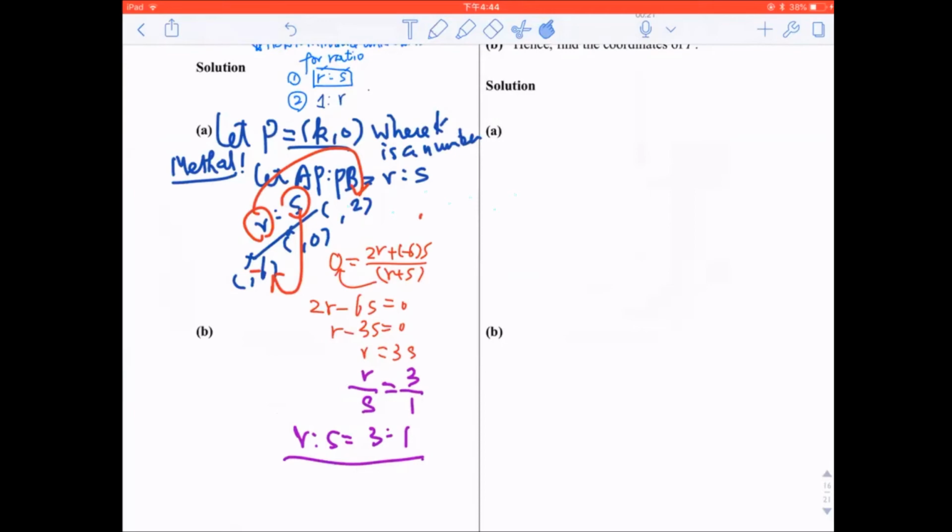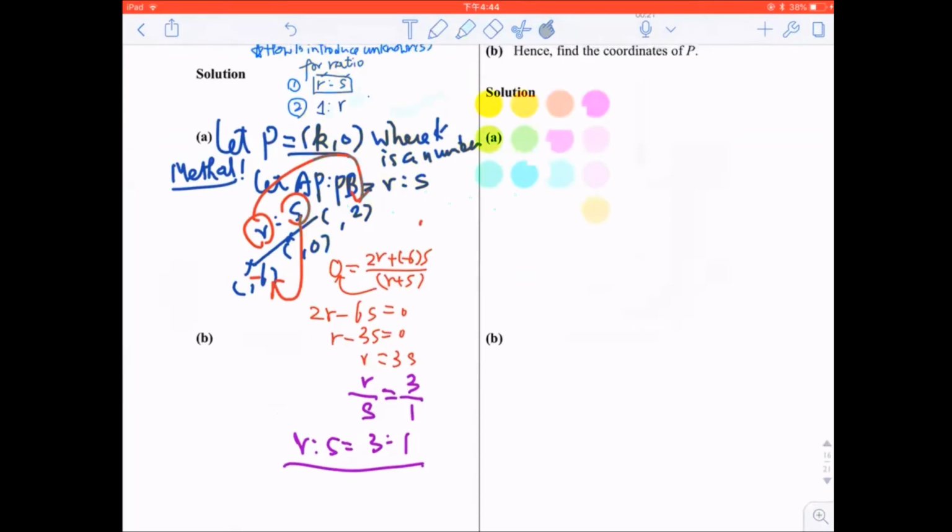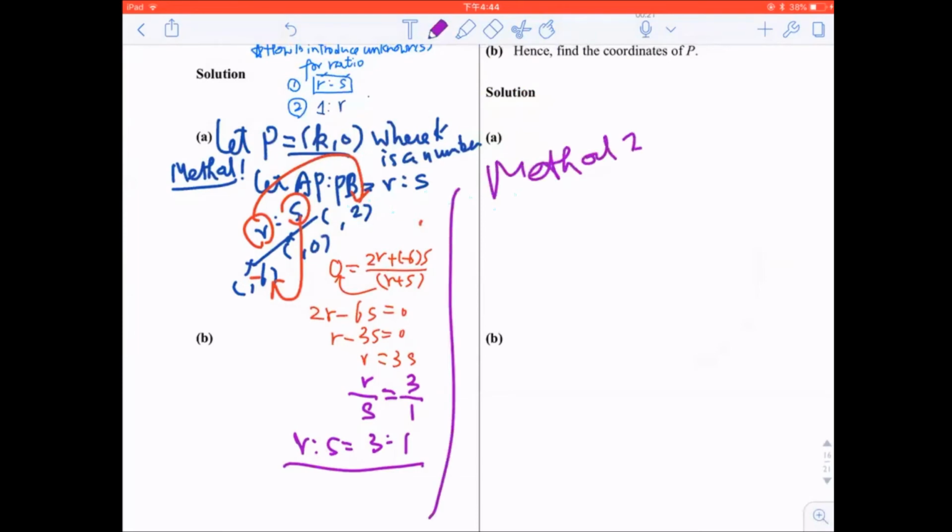So that's method one here. In this approach, we introduce two unknowns here. So now I will suggest another approach, method 2. How do we discuss method 2? Because in advance you have no idea exactly what form the final answer for the ratio will take, you may let AP to PB keep either portion to be 1.